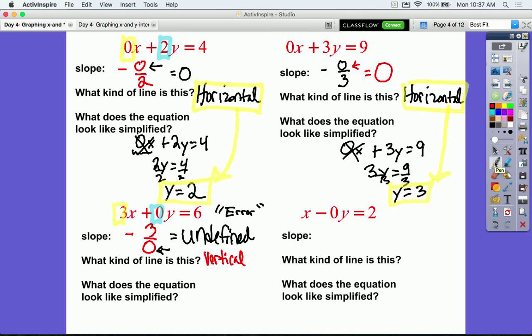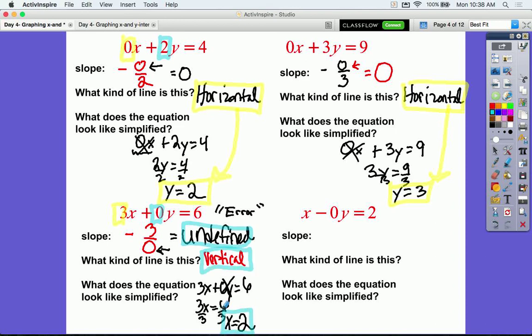So now let's look at what the equation of a vertical line looks like. So I'm going to go back to this. 3x plus 0y equals 6. The 0y cancels out. 3x equals 6. There's no y left in my equation. And I'm left with x equals 2. Notice what's different. Undefined slope, vertical line.